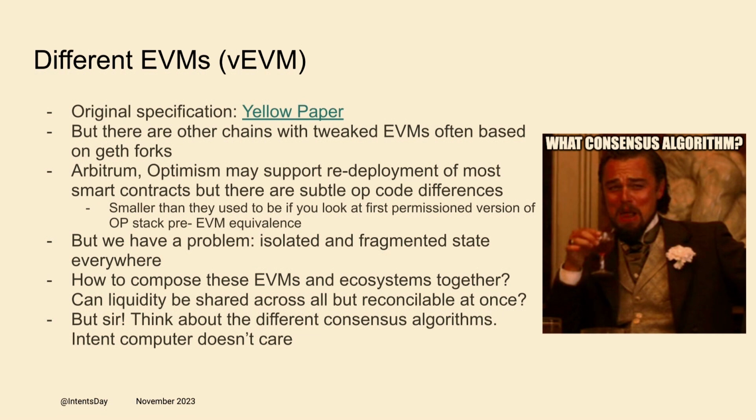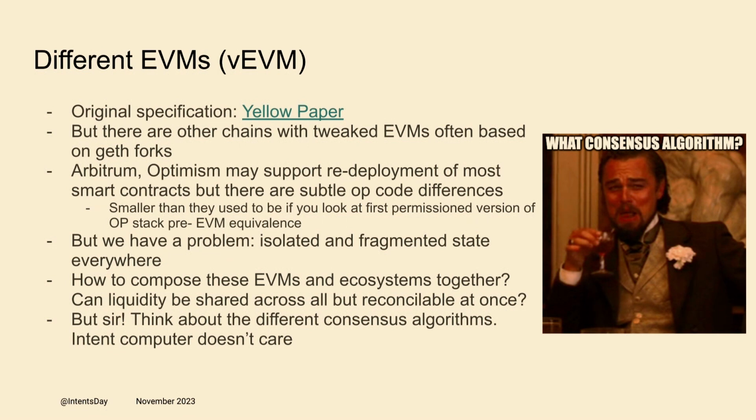You have problems with capital efficiency. The more rollups that we spin up, the more we're going to have this problem. In one of the next rooms we've got a conference on rollups as a service. More of these are coming, and it's going to become a headache to manage all this.